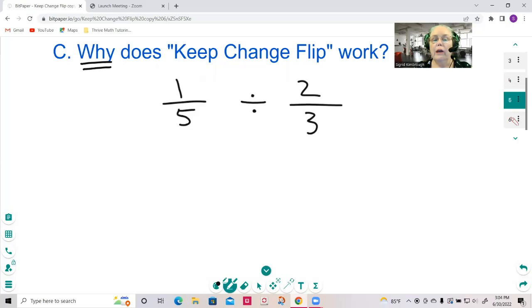So we have the same fractions, 1/5 divided by 2/3. I'm just going to rewrite that. So it's going to be 1/5 over 2/3. Well, what we're going to do is use the reciprocal.